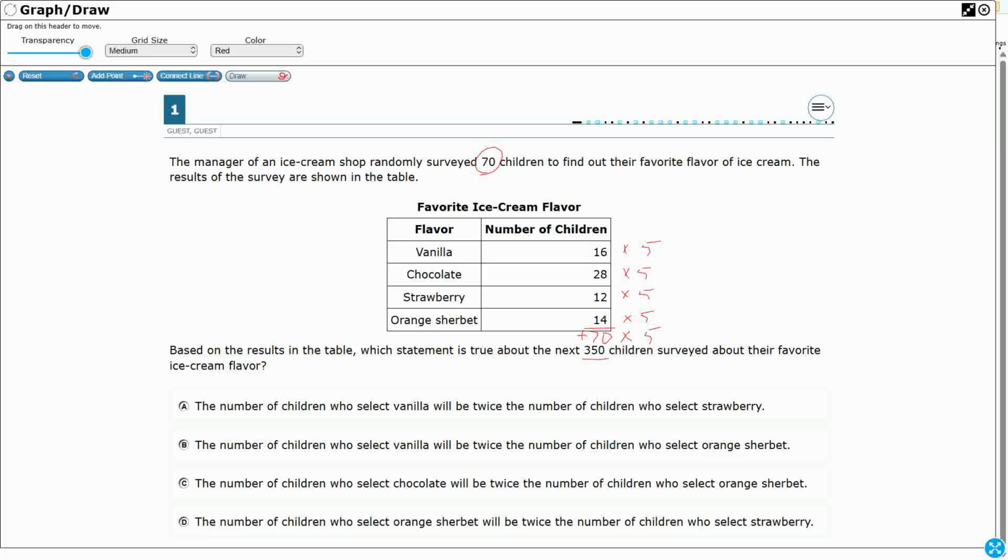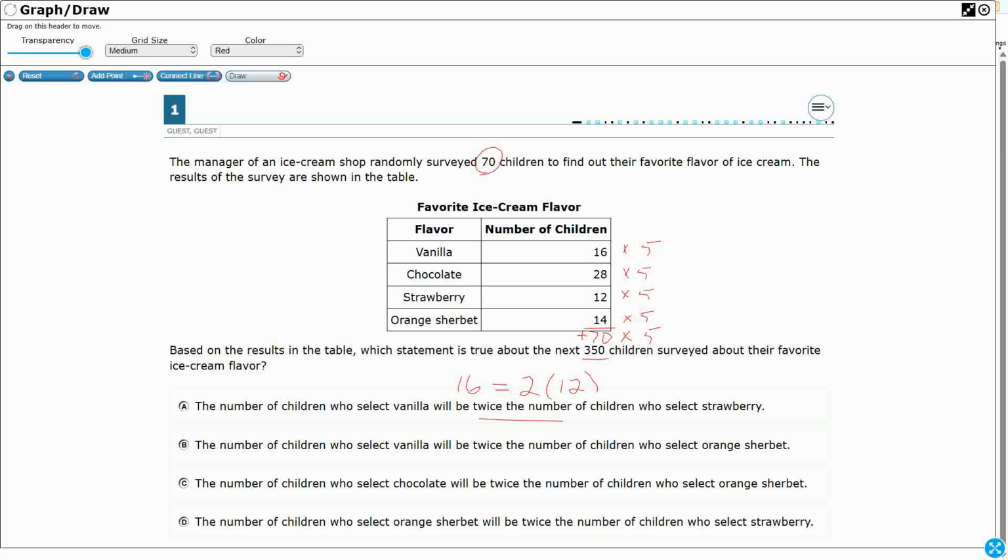The number of children who select vanilla, so vanilla is 16, will be twice the number of children who select strawberry. So I'm going to make an equation: 2 times the number of people who select strawberry, so 12.